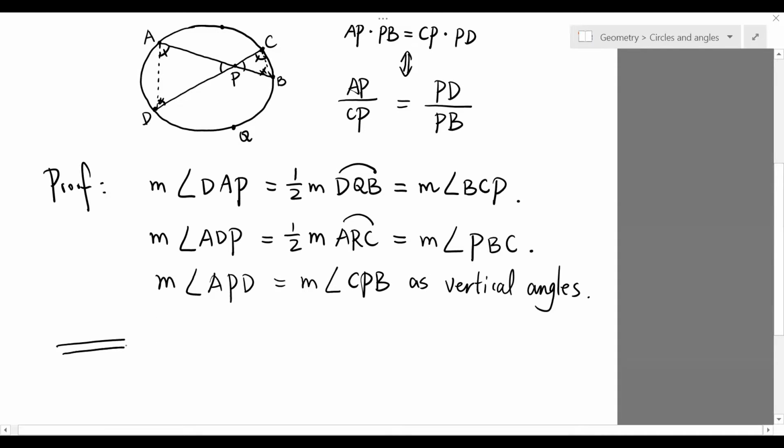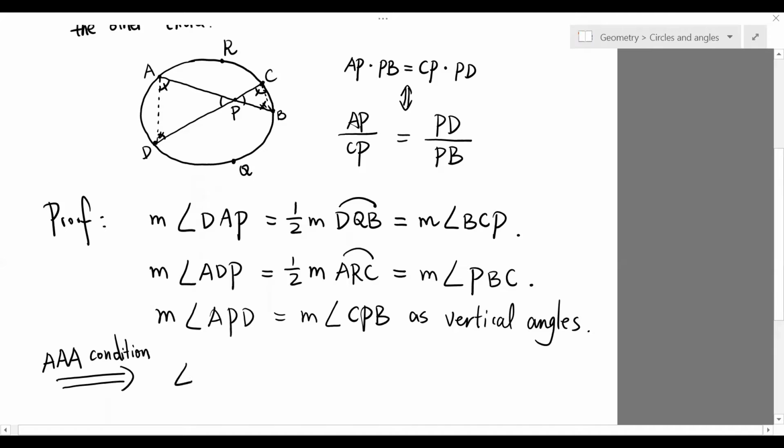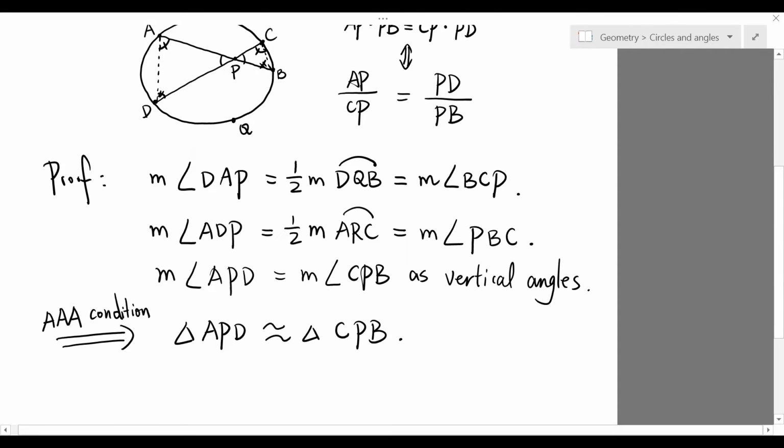Consequently, by the AAA, the angle condition, we conclude that the triangle APD is similar to the triangle CPB. Therefore, the corresponding sides are going to be of the same proportion.